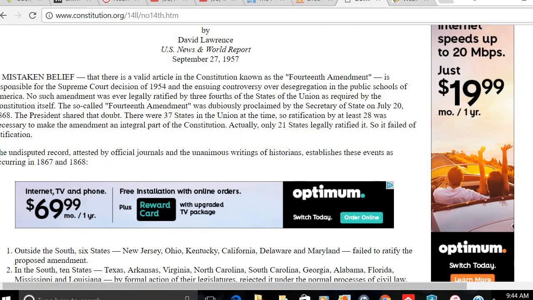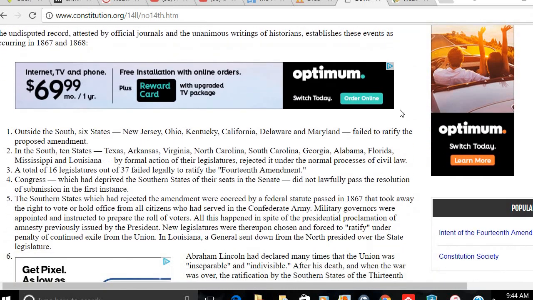I don't know if all these states are in the 13th and the 15th, but these are the states that are in the 13th and 14th. But when you want to research this, look it up. Don't come on my page with the debates. I don't want to hear it. If you got something to add, if I was wrong about anything, I'm definitely willing to hear it. But I know I ain't wrong about this.